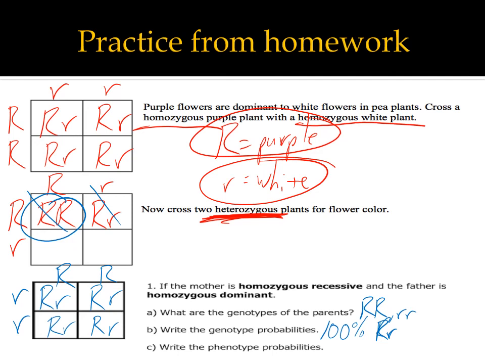And the phenotype probabilities. What are the babies going to look like? If every one of them has at least one of these big R's right there, every one of them is going to be dominant. Assuming it's the same traits as up top, it's going to be purple. So 100% of these will be purple. Question doesn't really specify, but let's assume it's the same thing as up top.